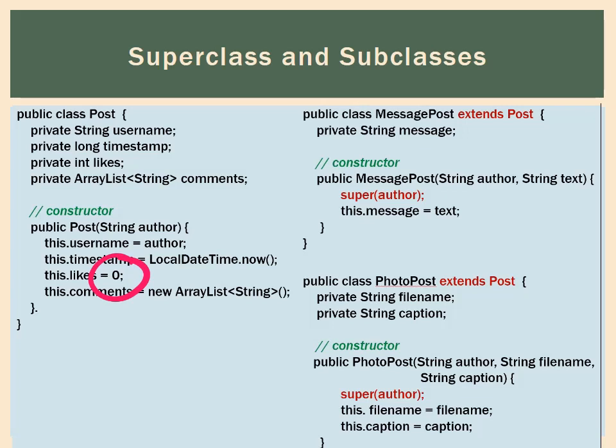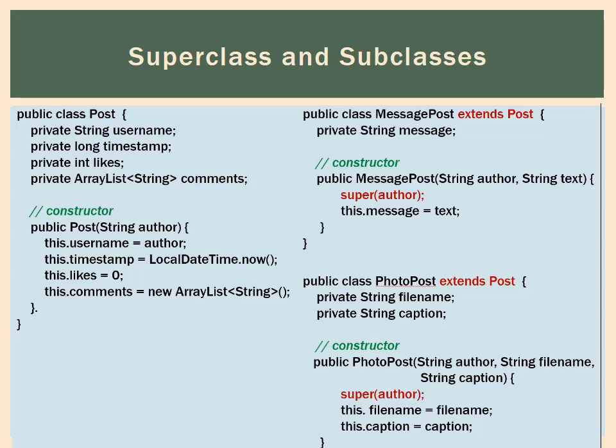We're going to set that to 0. And of course, there's no comments yet, so our comments is going to be an empty array list of strings. So as you can see, the only thing our constructor needs is one piece of information to fill in the username field.